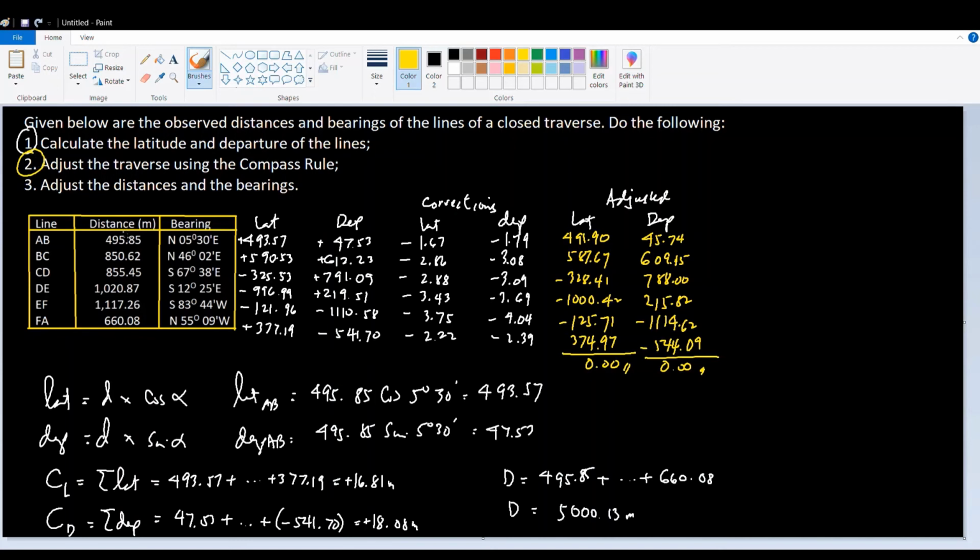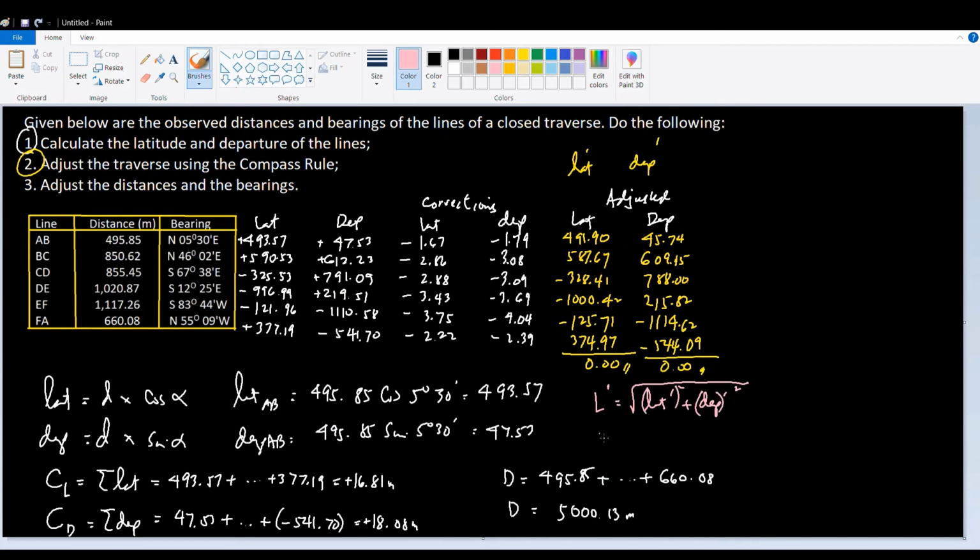The second one. Finally, we have to adjust the distances and the bearings. So the adjusted latitudes are L prime and the adjusted departures are dep prime. Okay? So how do we find the adjusted length? The adjusted length is simply equal to the square root of the adjusted latitude squared plus adjusted departure squared.